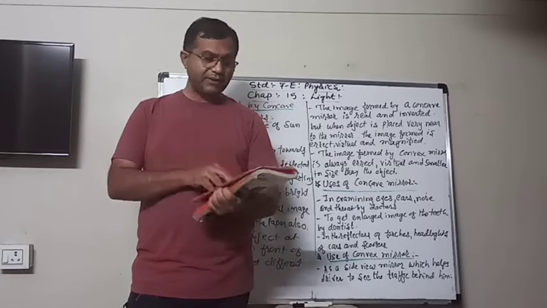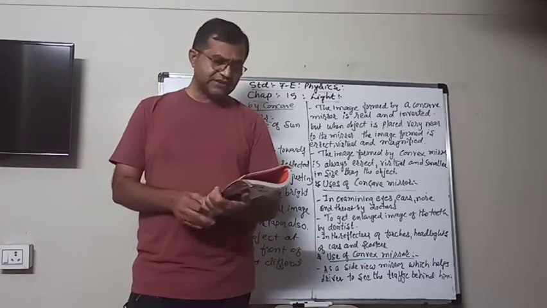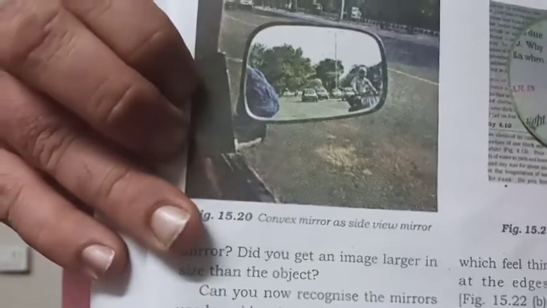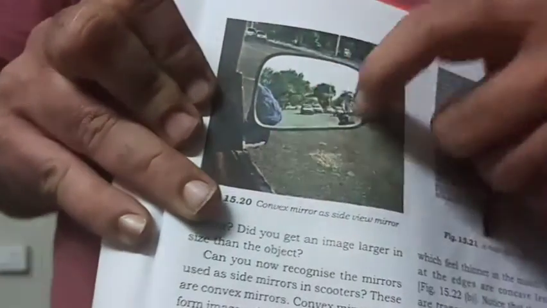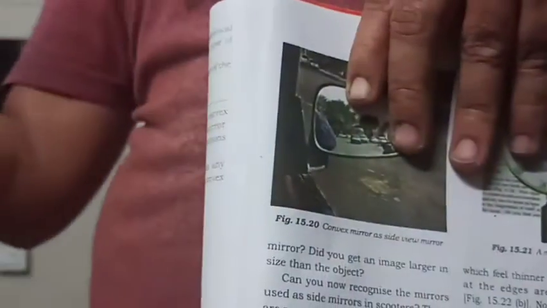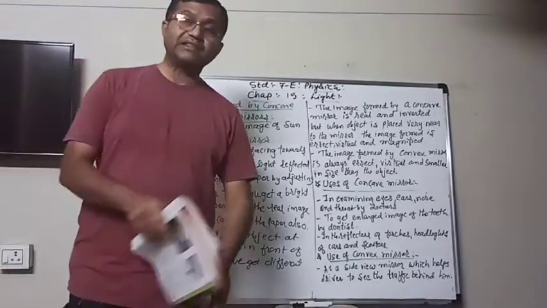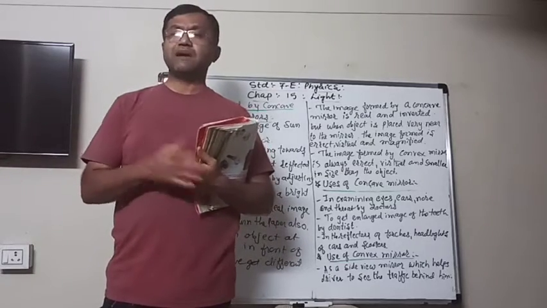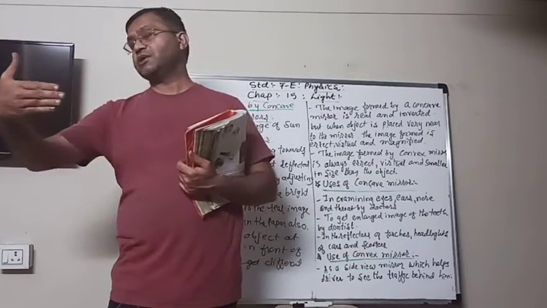So the traffic behind him can easily be observed by him, as shown here in the figure. You can see that the images behind him cover a very large area, and therefore he can manage his driving by viewing in that mirror.